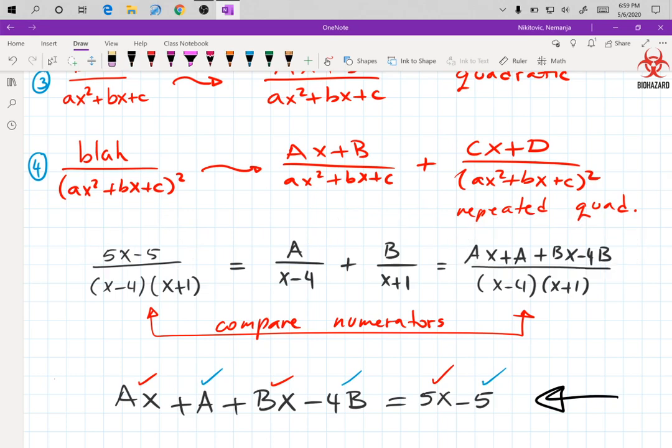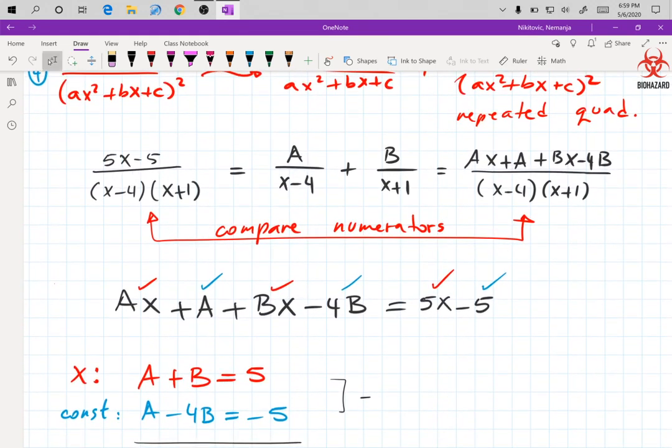Now the question is, how do we solve this equation on the bottom? If you carefully look, you will find the red check marks and the blue check marks. All of the red check marks have x's in them, and all of the blue check marks have no x's in them. So that's where you are going to create two equations.